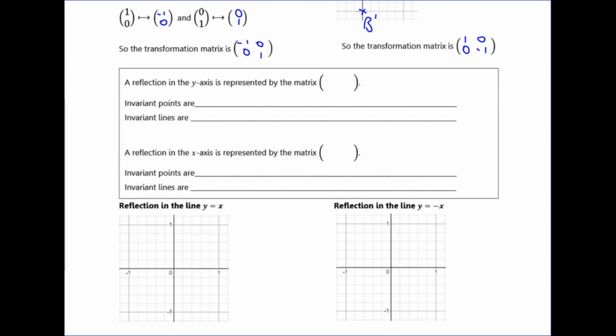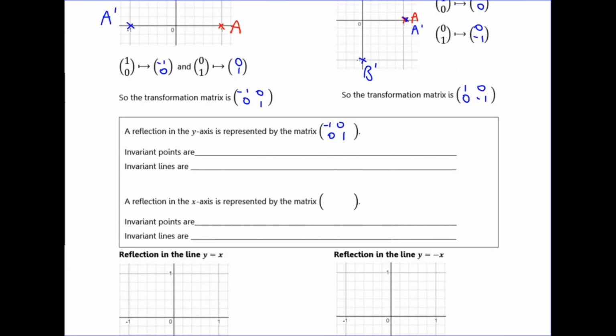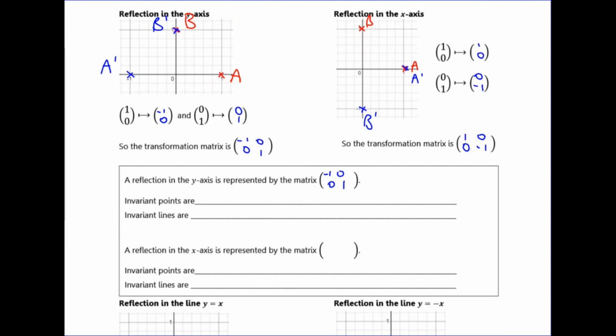In this box here, reflection in the y-axis is represented by the matrix minus 1, 0, 0, 1. Here it mentions invariant points and invariant lines, which is something we're going to come back and talk about more later on. An invariant point is a point that isn't moved by the transformation.